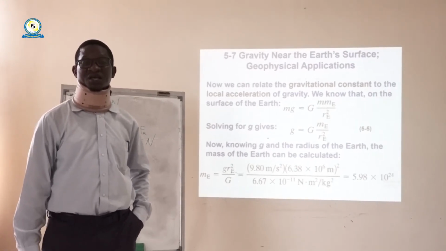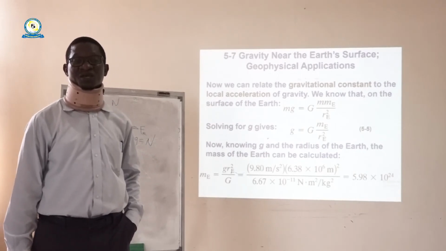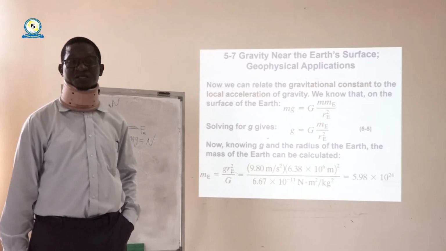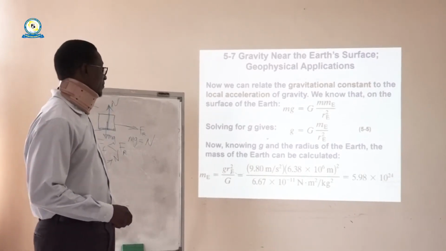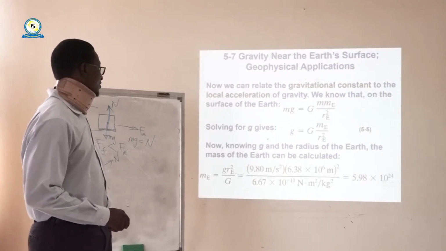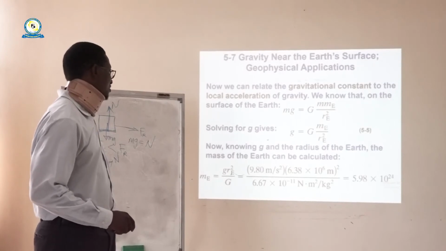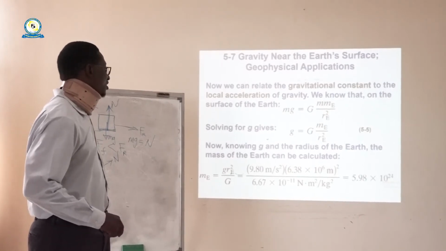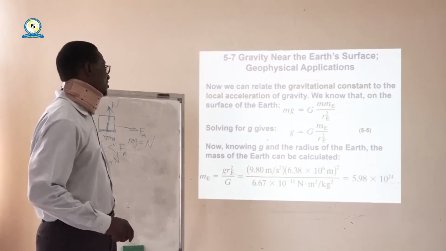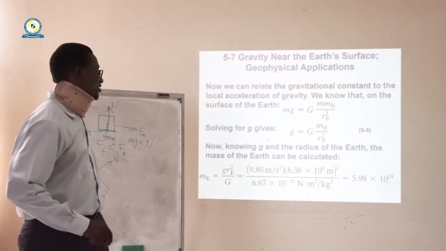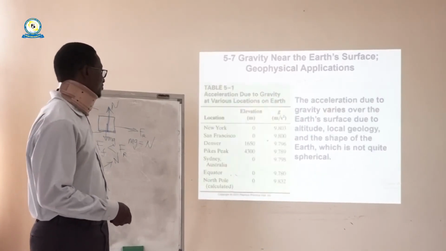Now, knowing g and the radius of the Earth, the mass of the Earth can be calculated. If you know G, you can calculate the mass of the Earth, this one. If you rearrange, we can get the mass of the Earth is this one. Very huge value.